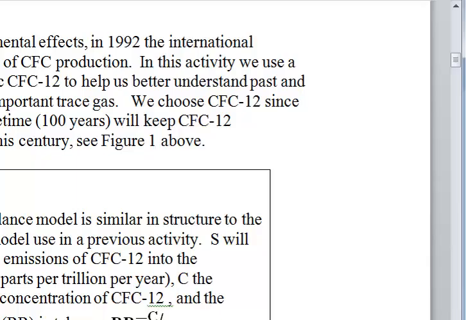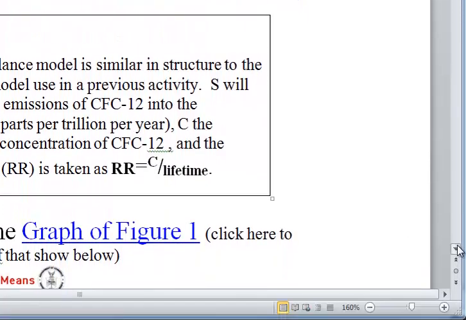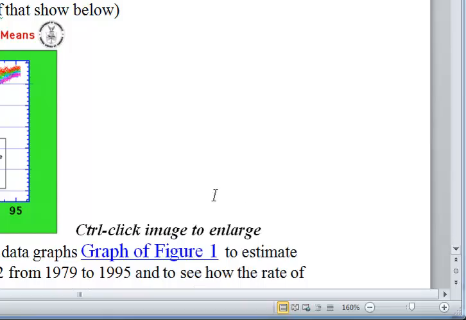So C would be the content or concentration of atmospheric CFC12 in the atmosphere, and the removal rate would be just whatever concentration is in the atmosphere divided by the lifetime, or divided by 100 years. We'll explore that in part two. But in the first part, we look at real data.